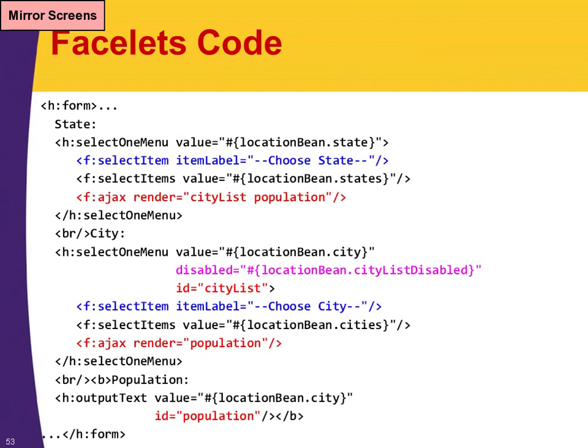If it says disabled, then it will be grayed out. They can see it, but they can't pick it. So that's also something you have to think about. If in fact they can choose a city, then render the population, which is the value of that city in that state. All this is going to do is pull it out of a map.